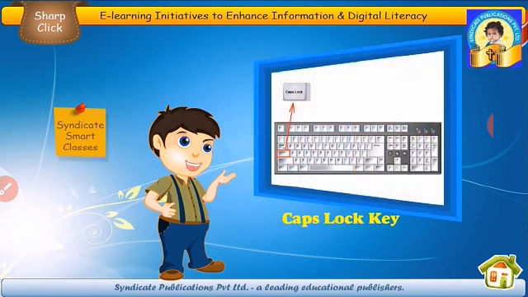Third is caps lock key. There is only one caps lock key. Pressing once, you can type in capital letters. If you press again, you can type in small letters.